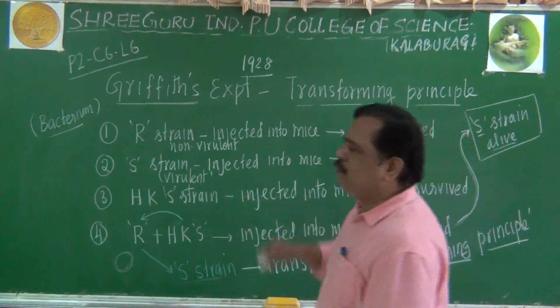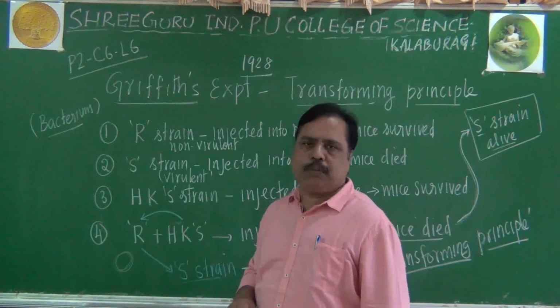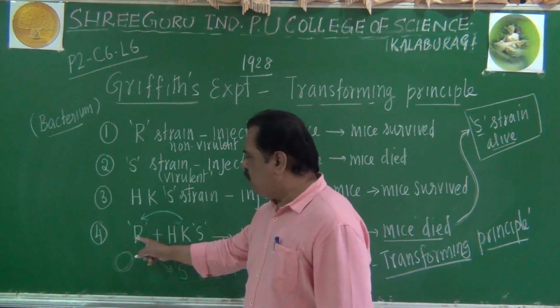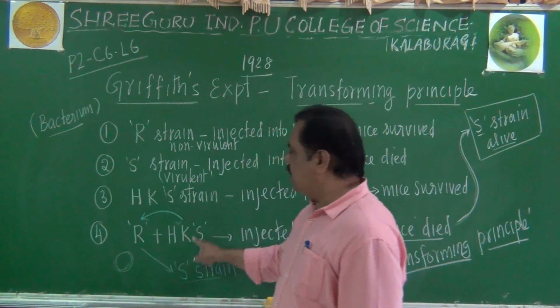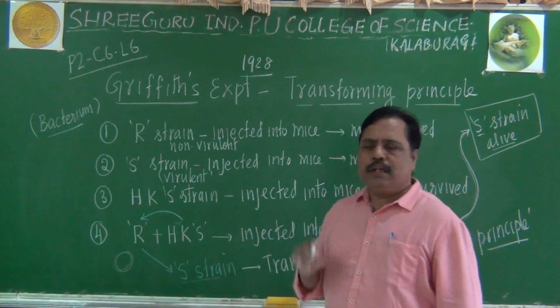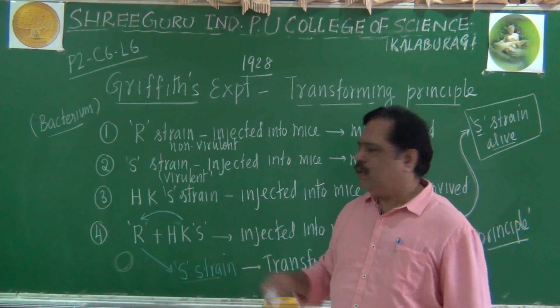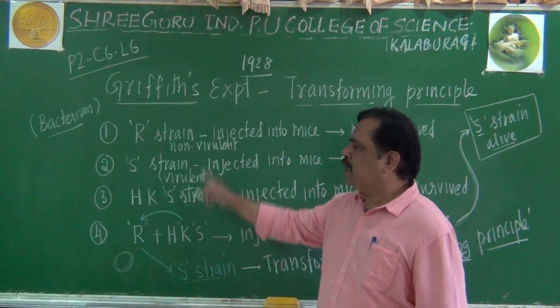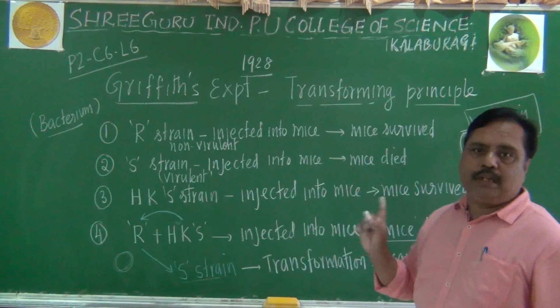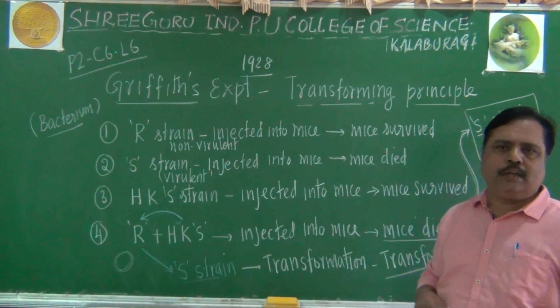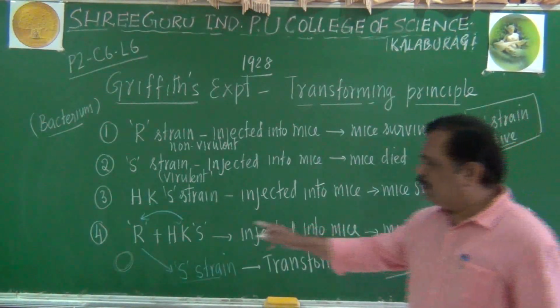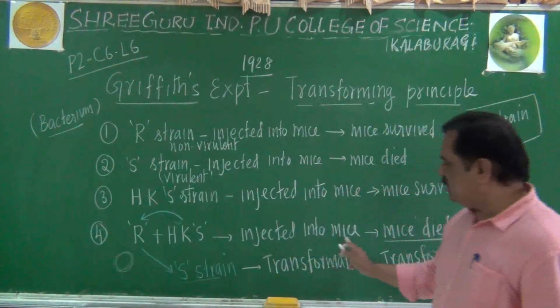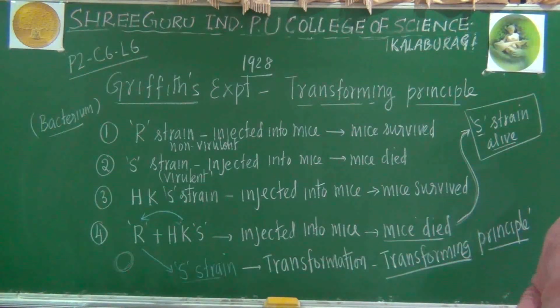So what Griffith did in a fourth set of experiment means, he took a mixture of R strain and HKS strain. Remember the important point, neither R strain nor HKS strain can cause disease independently. Independently they are non-pathogenic. But when the mixture is injected, the mice died.